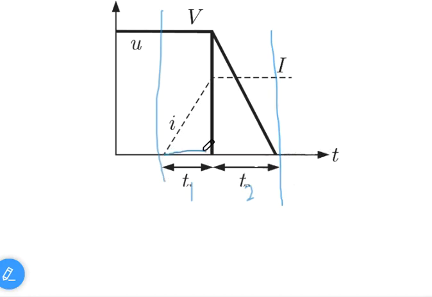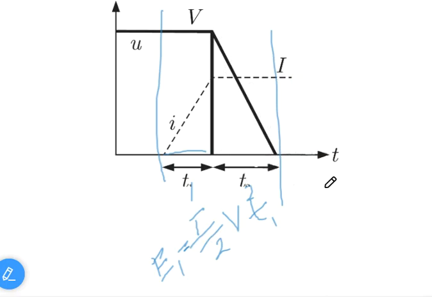During this period, what is the average current? It is linearly rising, therefore the average current is I by 2, voltage is constant V, and time is T1. Therefore, the energy E1 during the period T1 is VI by 2 into T1. And after this period, the current is constant and the voltage is falling.